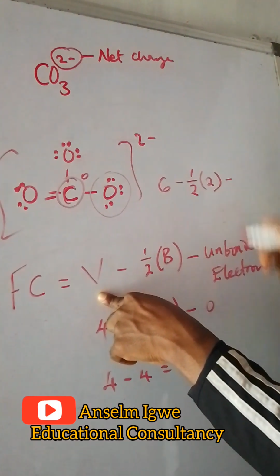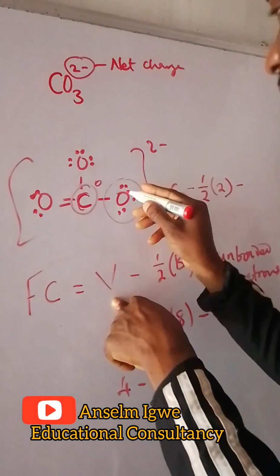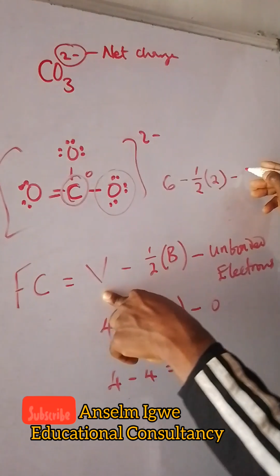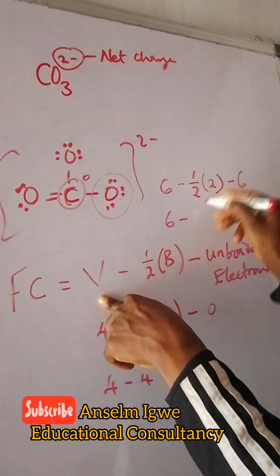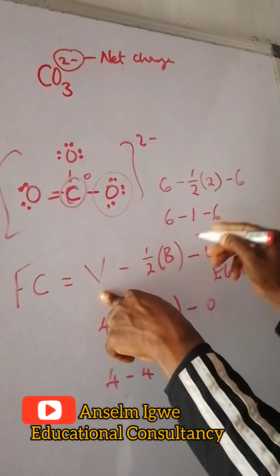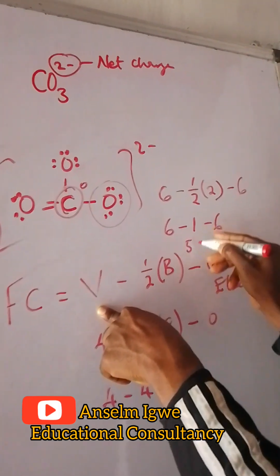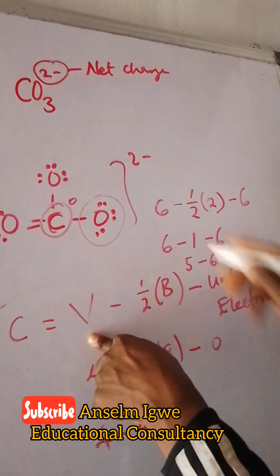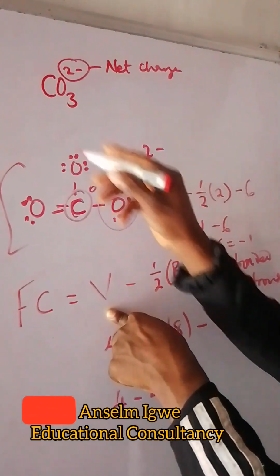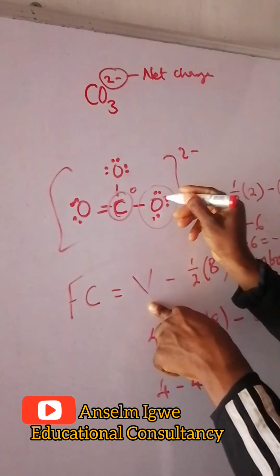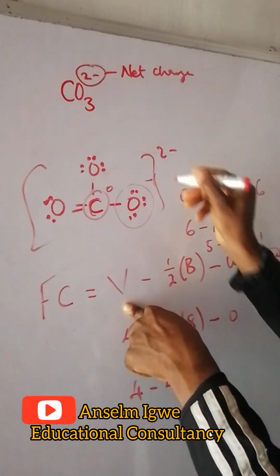Minus unbonded electrons, which are 2, 4, 6. So we have 6 minus half of 2, which is 1, minus 6. 6 minus 1 is 5, 5 minus 6 is minus 1. So the formal charge of this particular oxygen is minus 1.